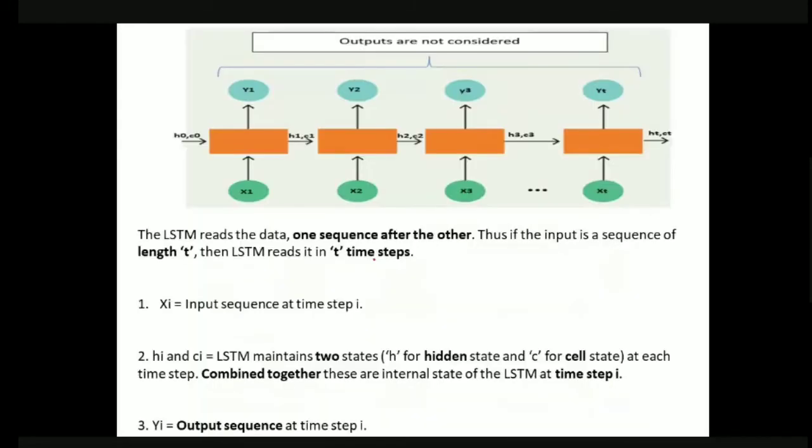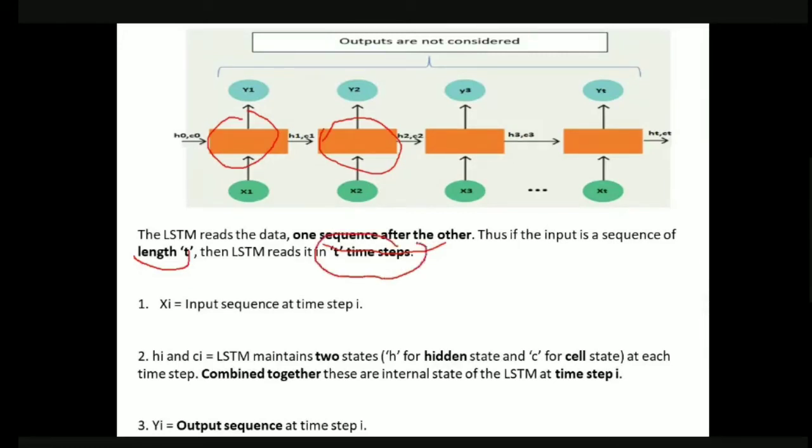Now, as already told, these RNNs can be either LSTMs or GRUs, right? If we consider this as an LSTM, what happens? The LSTM reads the data one sequence after the other. We already know this. It reads sequence after sequence, that is, one word after another word. So if the input sequence length is T, then in how many time steps does the LSTM read the input?